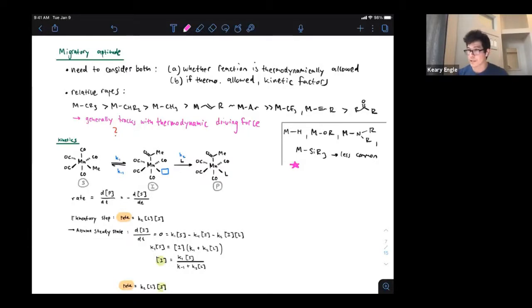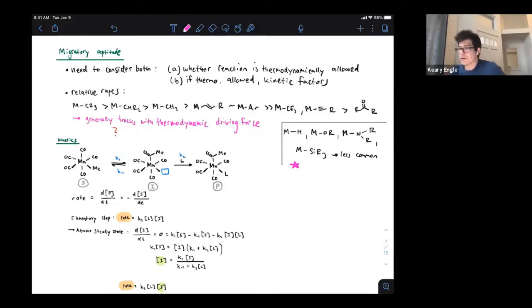The general trends are that tertiary alkyl groups migrate faster, then do secondary, then do primary, then does a simple methyl group. And then all sp3 hybridized migrating groups migrate faster, then do sp2 hybridized, then do sp hybridized, and particularly sp2 hybridized that are electron poor in nature.